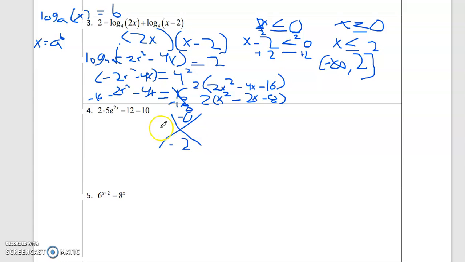So if you use -4 and +2, -4 times 2 is -8, and -4 plus 2 is -2.